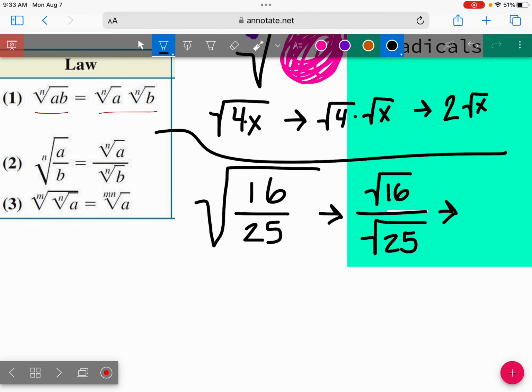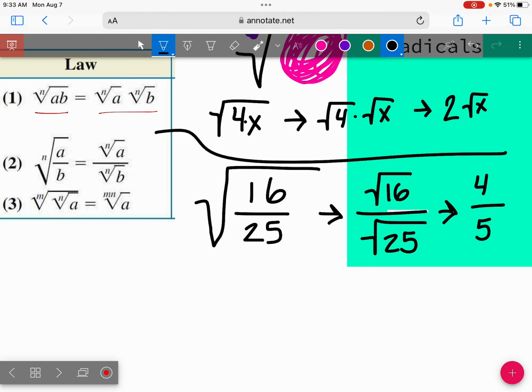Which we can then simplify. Square root of 16 we know is 4. Square root of 25 is 5. But the square root of 16/25, that's a little tougher. Okay, so in order to make them easier to process individually, we can split them up into smaller pieces.